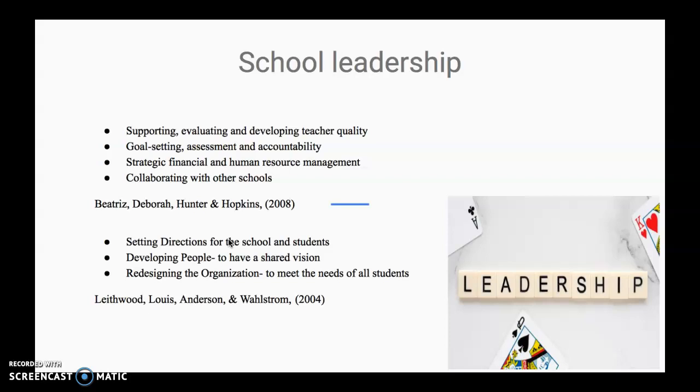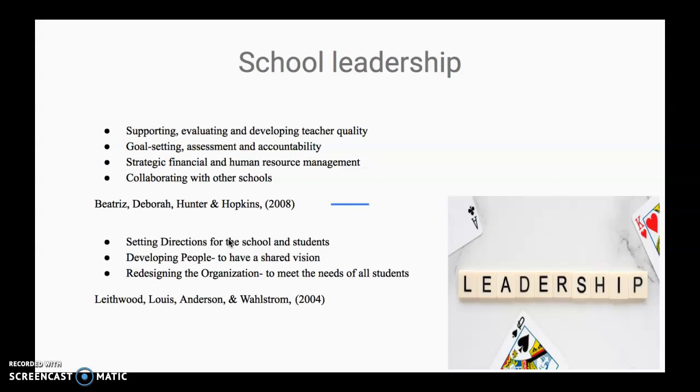We need to use goal setting, assessment, and accountability to set our standards where we want them. Our teachers need to be held accountable as well as the students. We need to use strategic financial and human resource management, which means our money needs to be spent where it can help our students the most, the quickest, and the most number of our students.